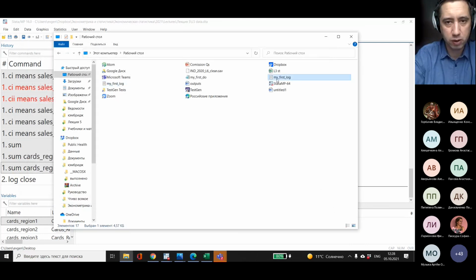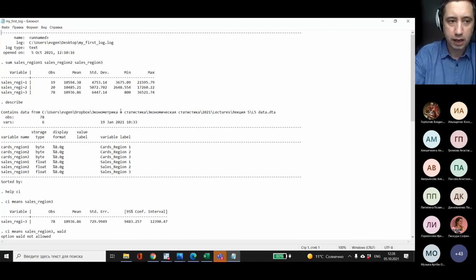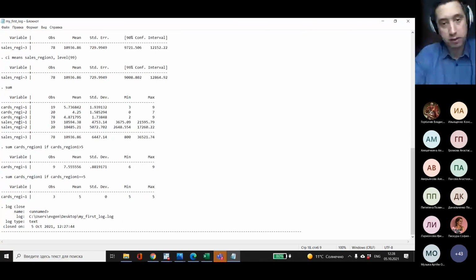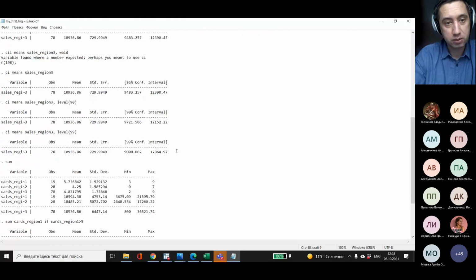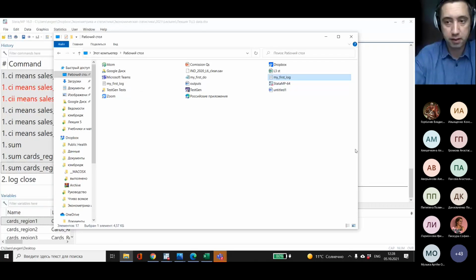But if I open my log file written in TXT, I can observe a pretty useful, user-friendly report. Here I have the commands that we used, the outputs, commands, outputs, and so on. So if you want to save your work in Stata, you can use log files and do files.